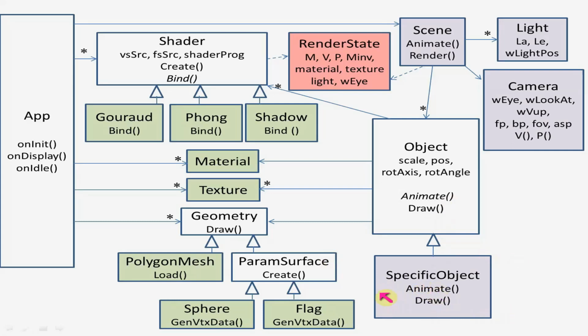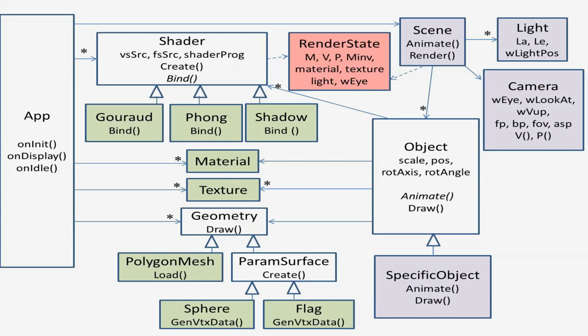Of course, the specific way of drawing and possibly animation is object type dependent, so these virtual functions are redefined via inheritance. For drawing, an object needs material properties, texture, a geometry typically encoded in a vertex array object, and also needs a shader that specifies how the vertices and the pixels are calculated while this object goes through the rendering pipeline.